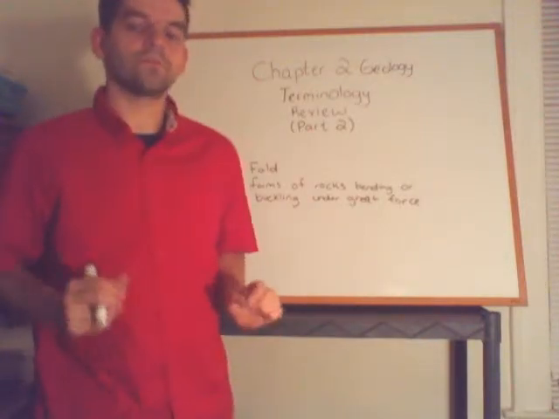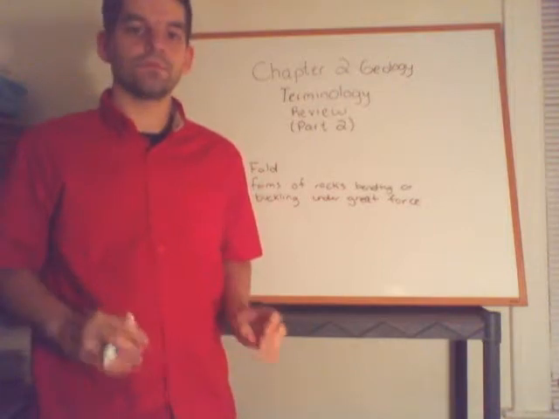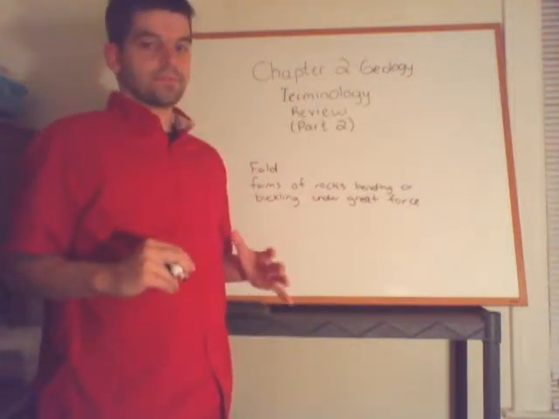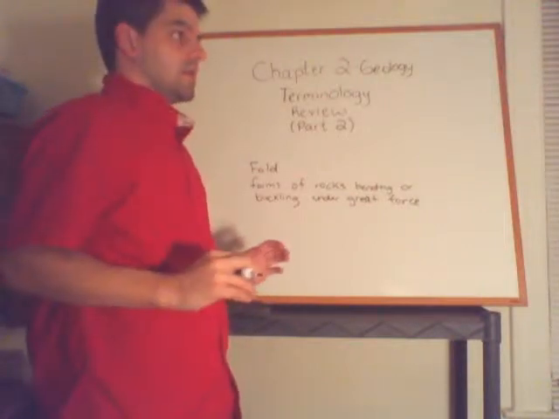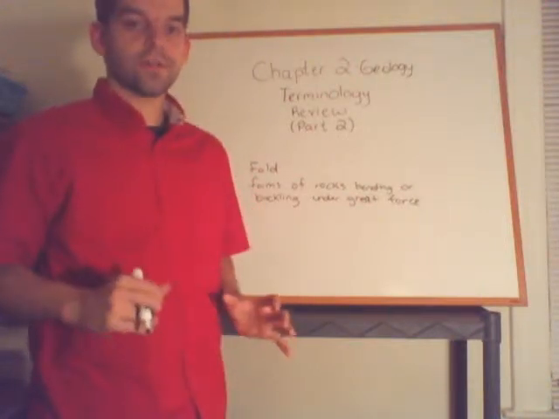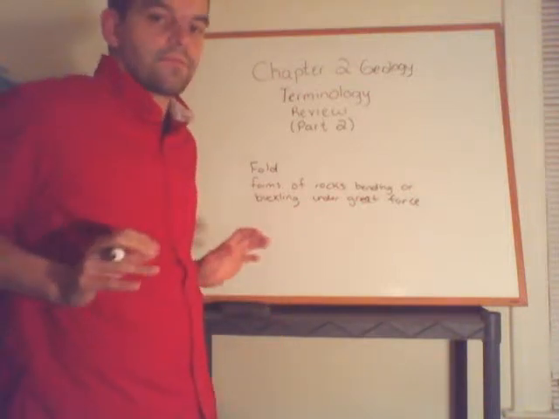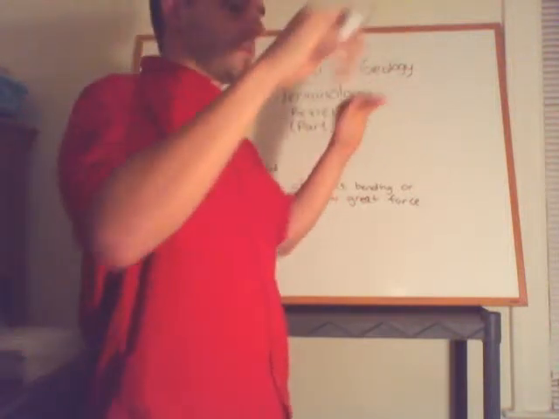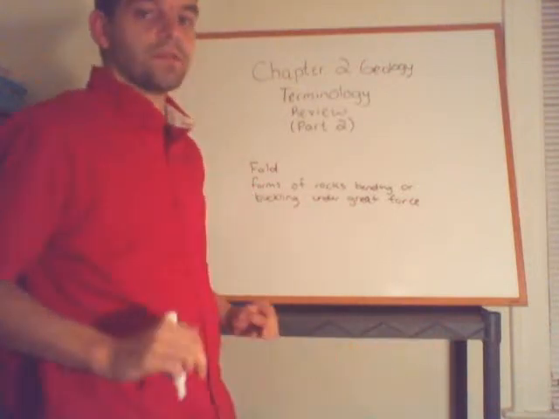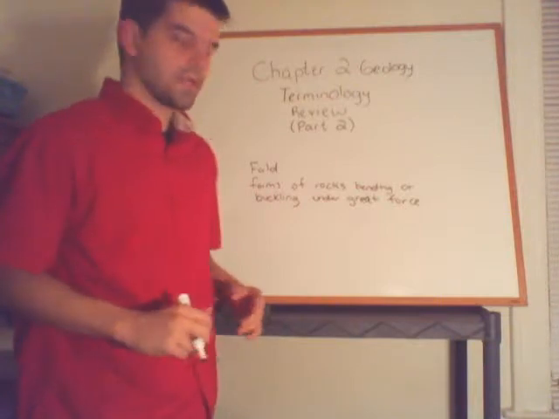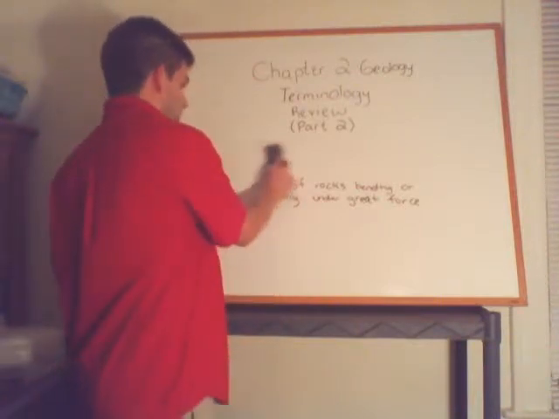When something is under great force, it has to move, okay? Unless it's put up against something that is going to make it immovable, it's going to have to go somewhere. So that's where this process by a great force is going to force these rocks into some kind of bending or arching motion. Alrighty, let's go to our next definition.